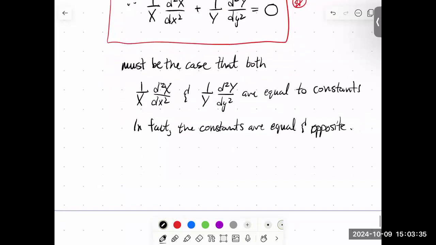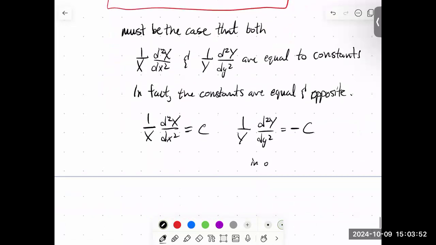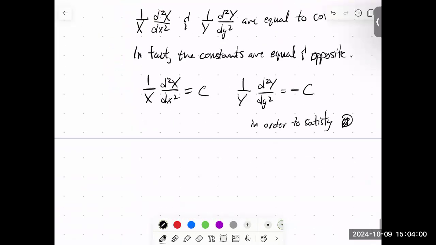Okay, so therefore we could say 1 over X d2X/dx2 is equal to c, and 1 over Y d2Y/dy2 is equal to minus c. Okay, so this is in order to satisfy, I guess, what did I call it? Star? Yeah. All right.